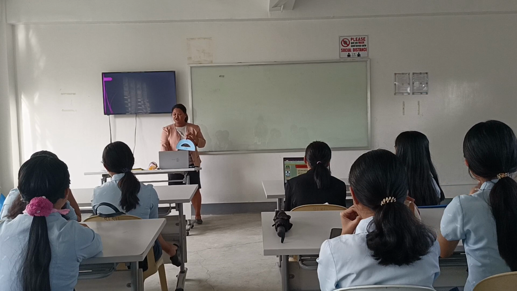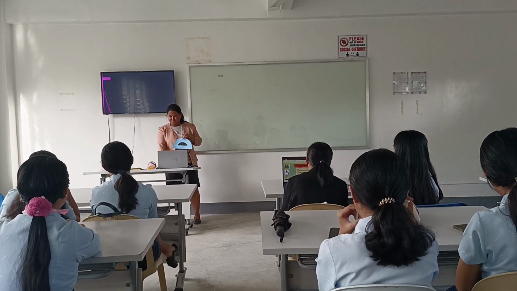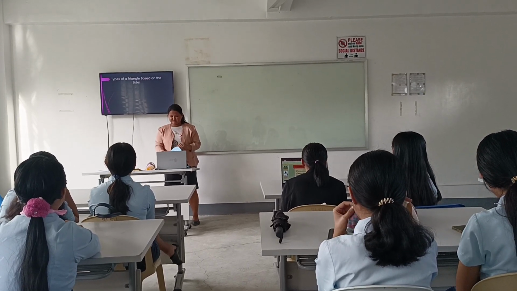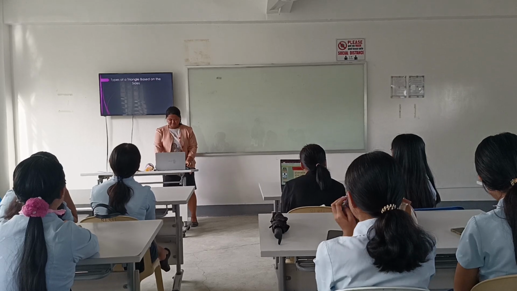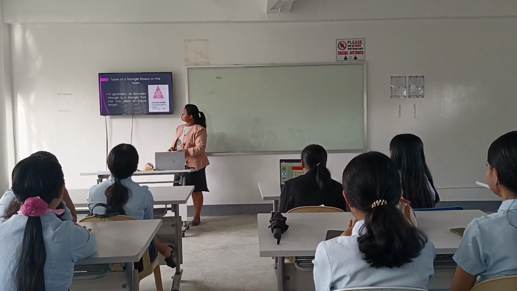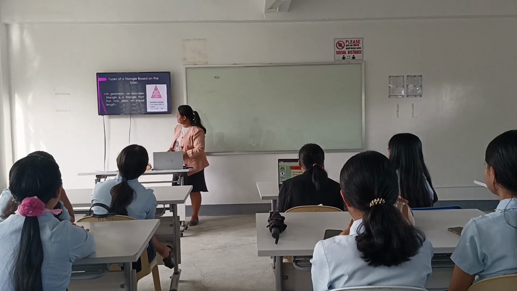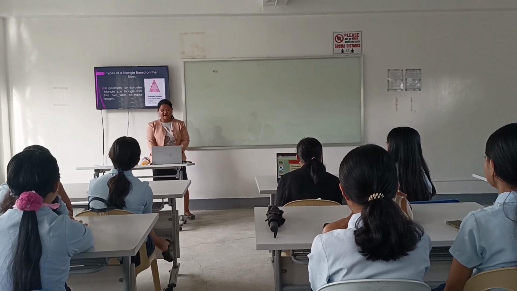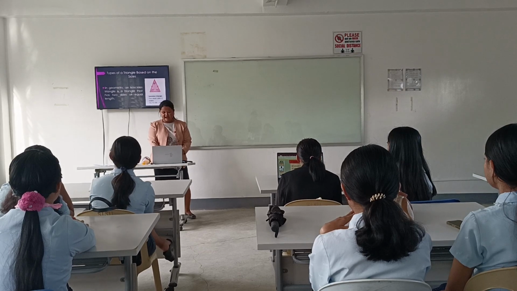Okay, so let's now move on to the types of triangle based on its sides. So first, we have in geometry an isosceles triangle, which is a triangle that has two sides of equal length.